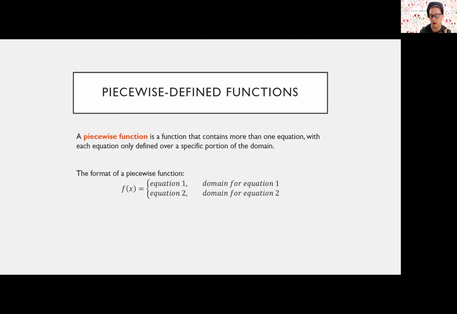So you've got two different equations, so two different outputs, but they're not true for every X. For one set of X, one equation is true. And for the second set of X, a different equation is true, so that every X only has one output, because we're saying it's only true within this portion of the domain, so there isn't any overlap. That's what makes it piecewise defined: we've got these different pieces, and each one has a different X value that goes with it.